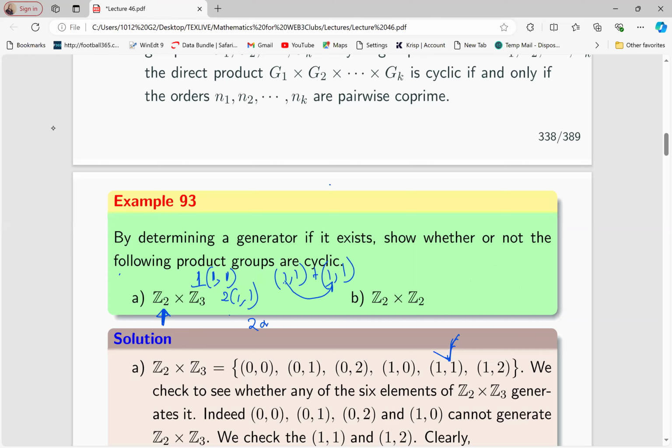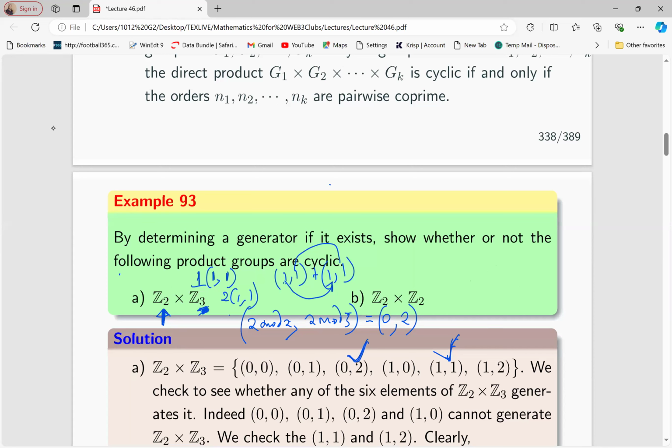Again, the sum is 2, this time mod 3. Now, what is 2 mod 2? What we ask ourselves is, if 2 is to go into 2, what will be the remainder? So 2 into 2, the remainder is 0. What about 3 into 2? The remainder will be 2. So we've generated this element. We want to see if we can generate all the elements.